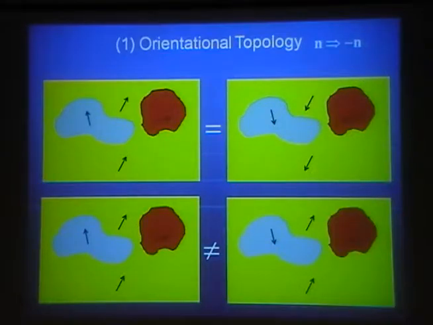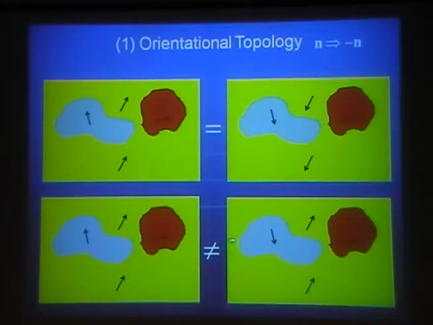So all the orientations are reversed, so these two are equivalent. And if you reverse the orientation of only one domain, in this case the blue domain, you have this orientation reversed with the head pointing downward, whereas other arrows just remain the same. Then these two orientations or patterns are not equivalent.